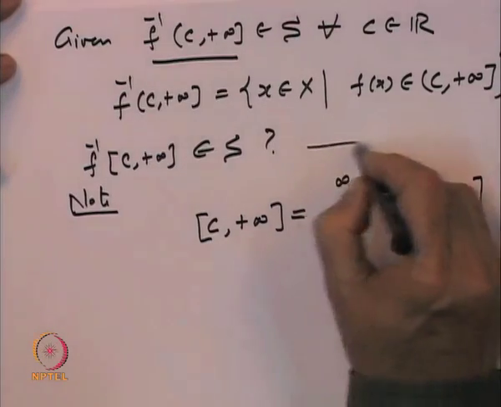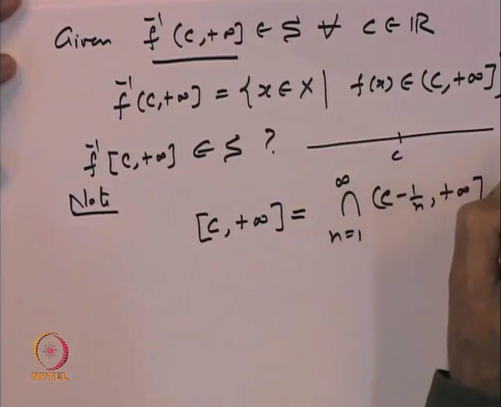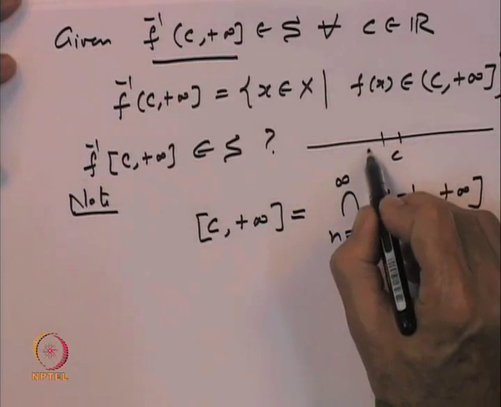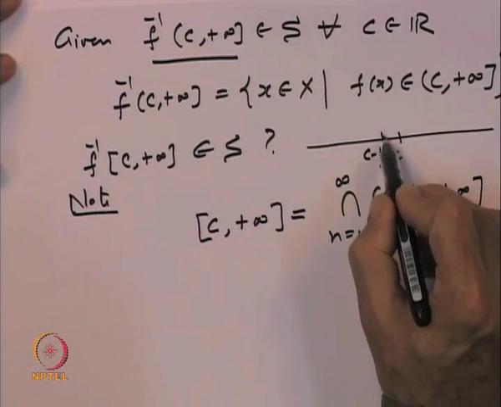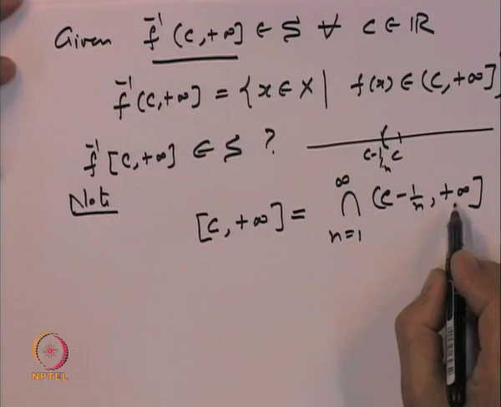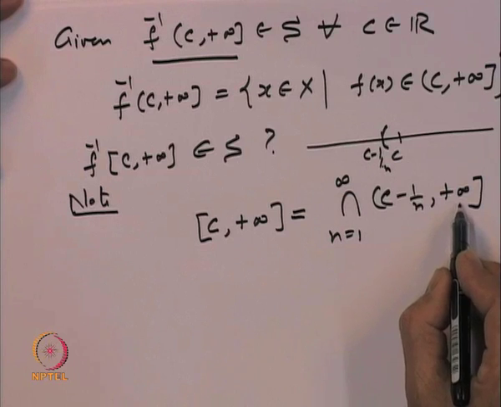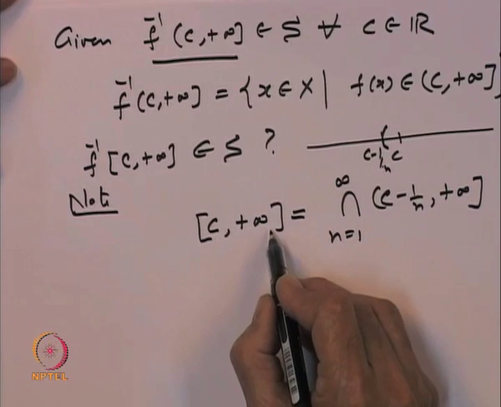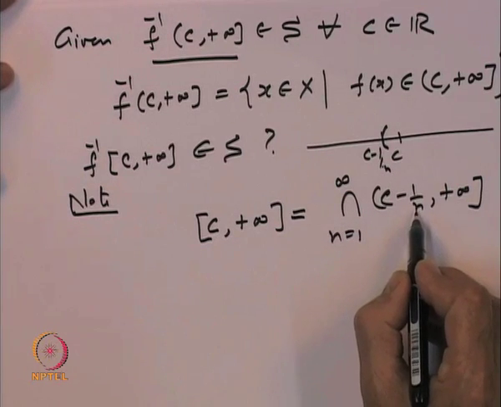So, keep in mind here is c and here is c - 1/n. If you take this open interval (c - 1/n, plus infinity), it includes the closed interval [c, infinity] for every n.